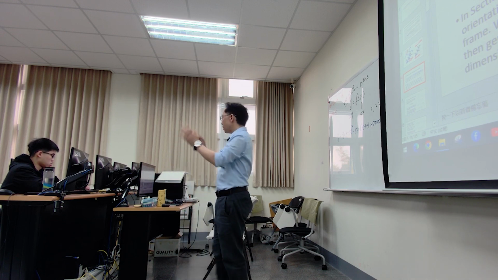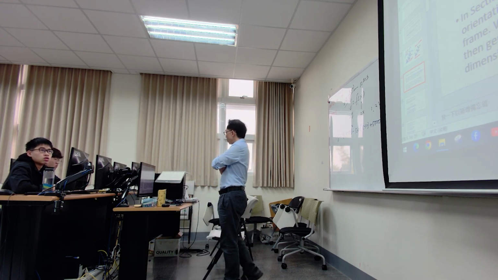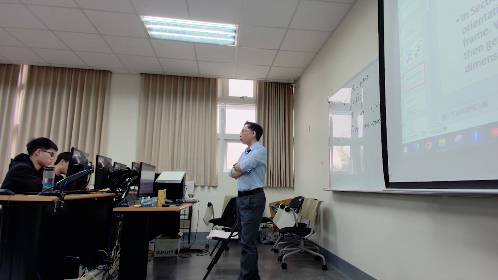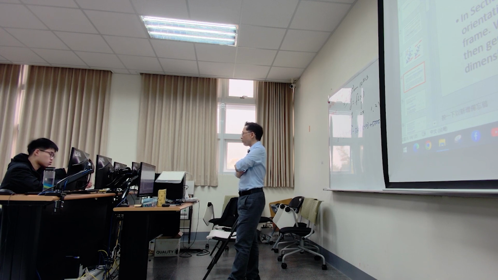The others are called relative position and orientation, for one rigid body relative to another, to which we attach a coordinate. The attached coordinate is called the reference coordinate. I call it the reference coordinate, but there are different names. But using one is okay. Everyone can understand.